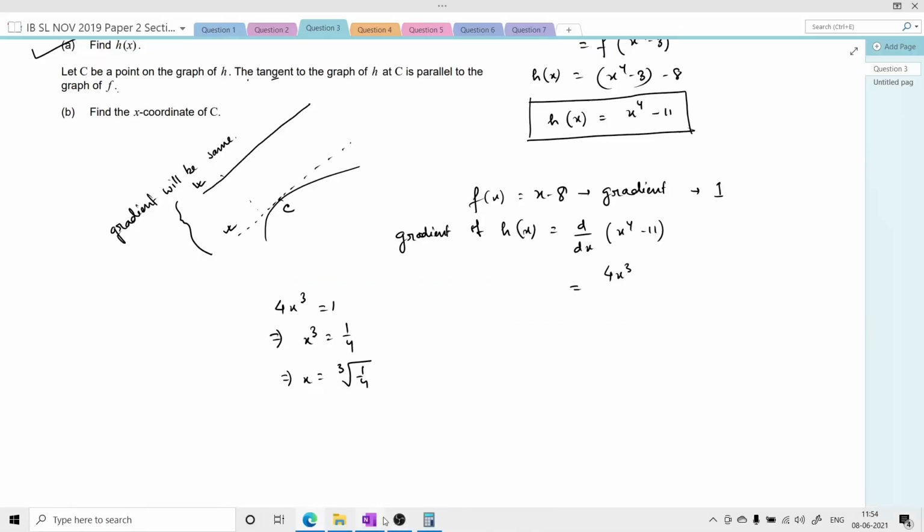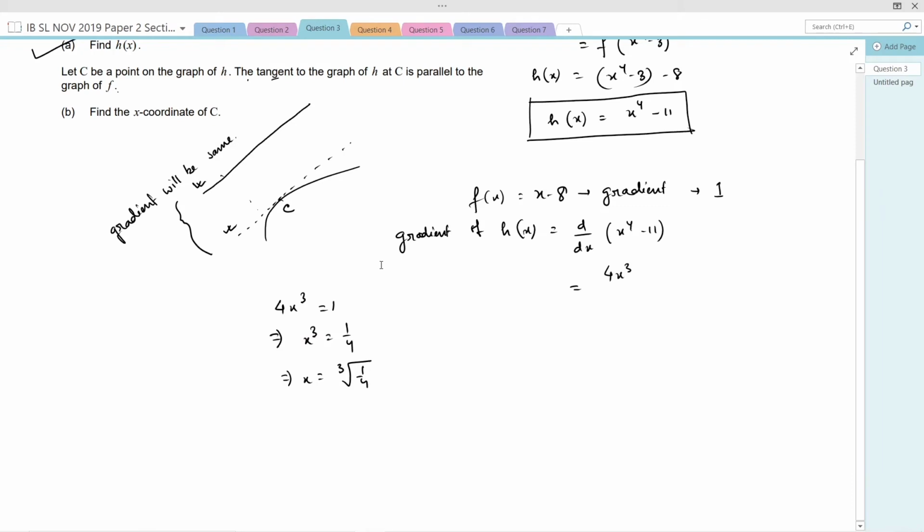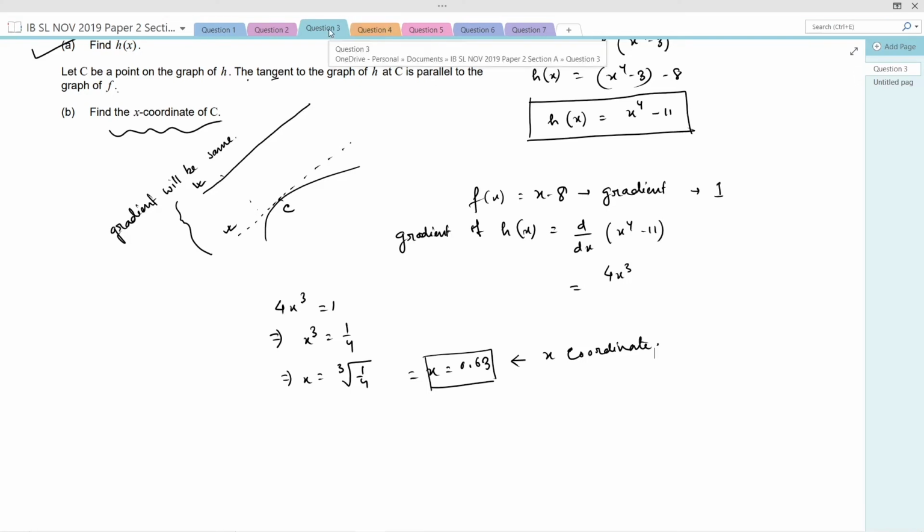So x equals 0.63. This will be the value of the x coordinate. Okay, so in this way the third problem is also done. Now the fourth problem.